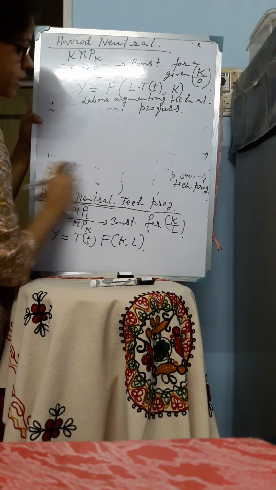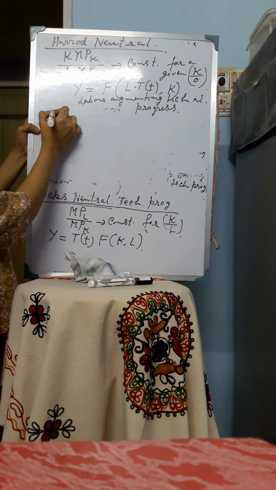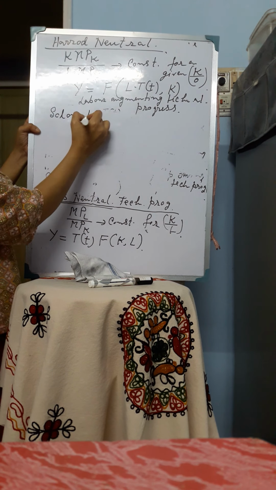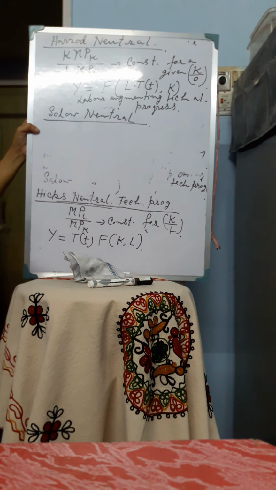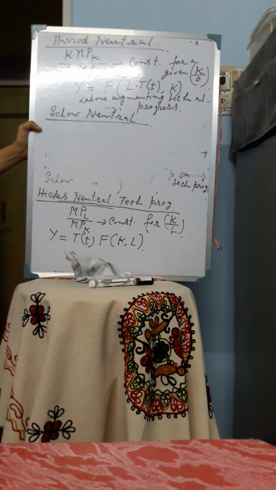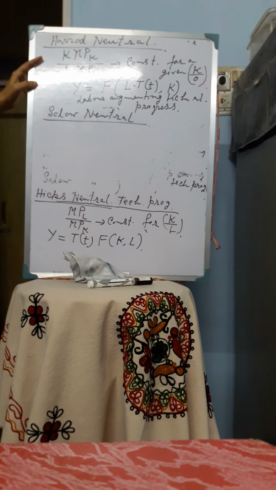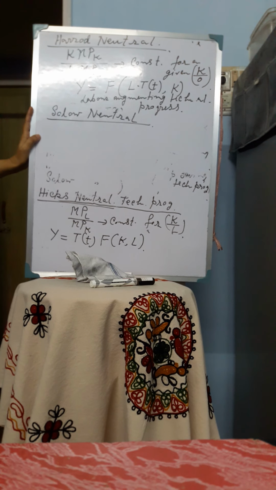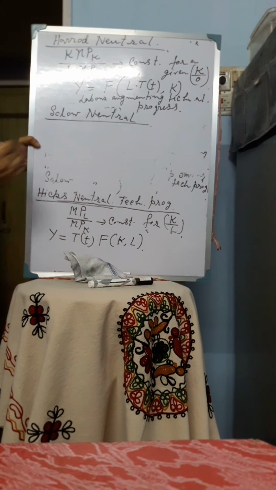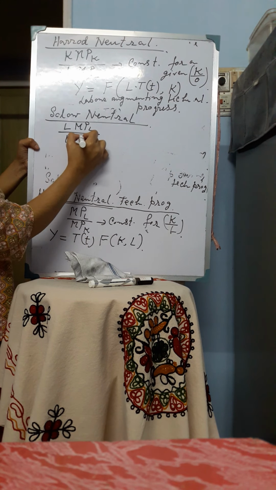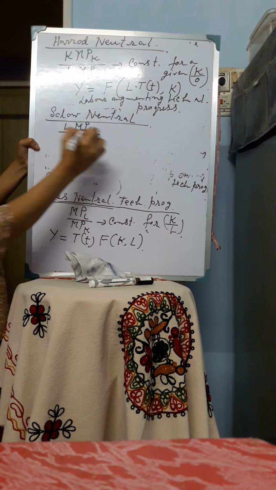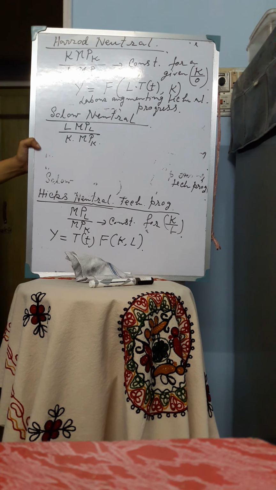And the third type of technological progress is Solow neutral technological progress. Here the relative input shares will remain constant for a given L by O ratio. So here we can write that L into MPL by K into MPK remains constant for a given L by O ratio.